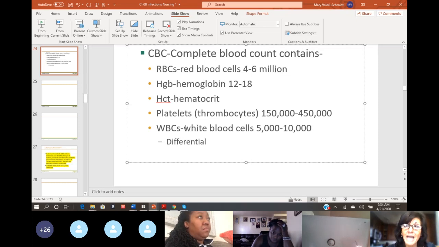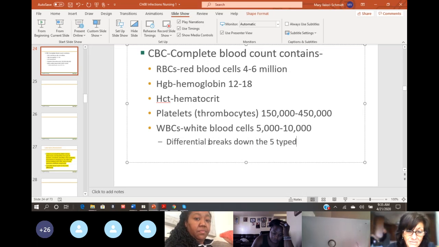Okay, that means that your body's making more white blood cells to fight something off. So normal white blood cell count is 5 to 10,000. A differential is what breaks down the 5 types of white blood cells.